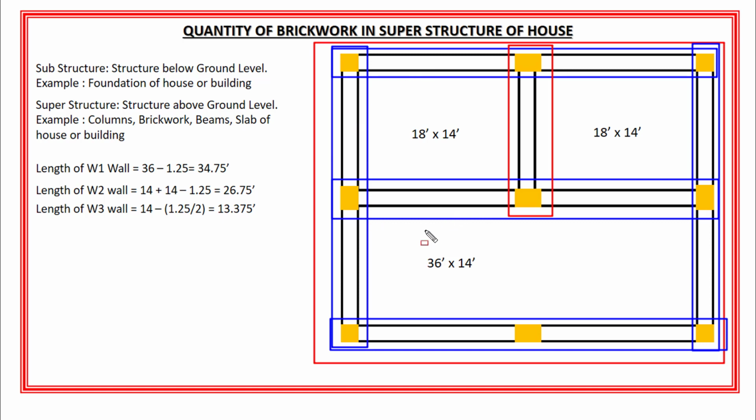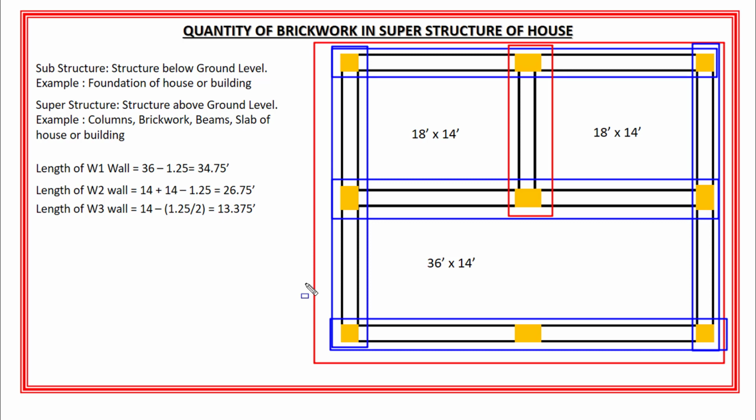So now I can say that I have three W1 walls, two W2 walls and one W3 wall. This is how you can divide the walls of your house or building plan so that you can calculate the quantity without any difficulty and confusion.